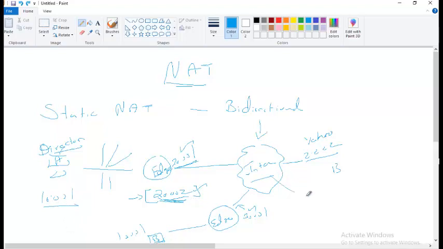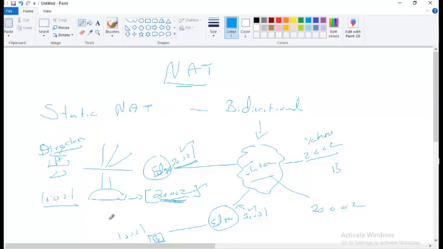If you go anywhere in the internet and sniff, whenever the director sends any traffic, the address of the packet will be 20.0.0.2, not 10.0.0.1. It is not 10.0.0.1. It is 20.0.0.2. So this address is getting mapped to this.